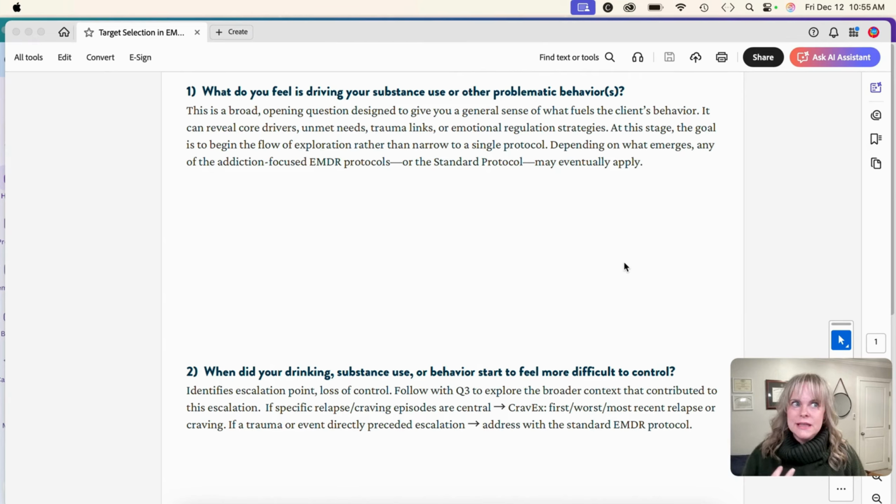But as you're listening, you're also notating any themes that you may want to address. And this question generally, most of the time, is going to be identifying a target for the actual standard protocol.